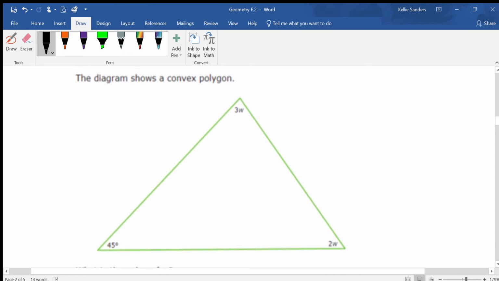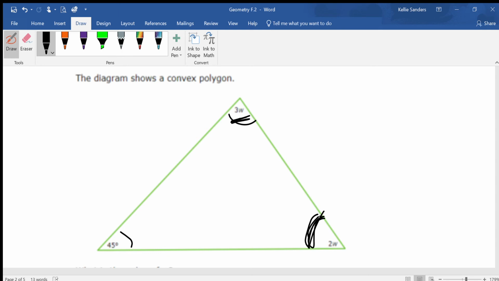Okay, now it gets a little bit different. So we have three angles. And the reason I'm going to do this differently is because we have coefficients, which are the numbers in front of the variables, and we have one variable but in two different spots.